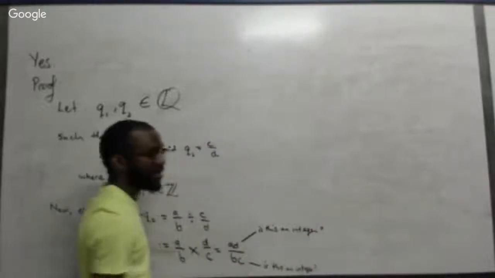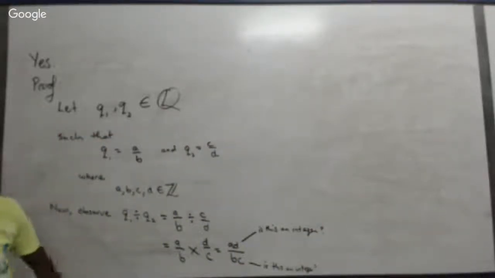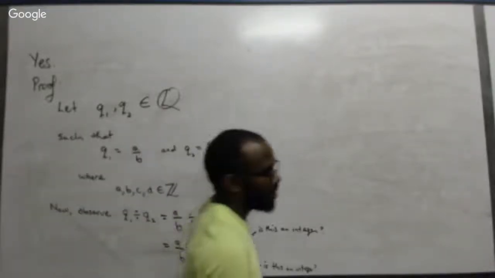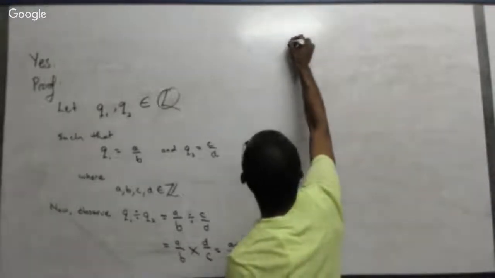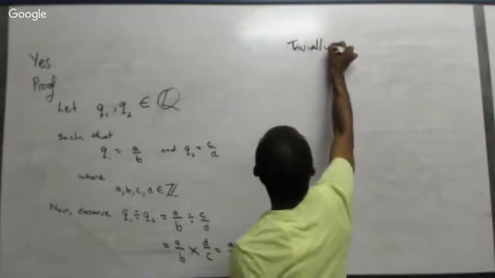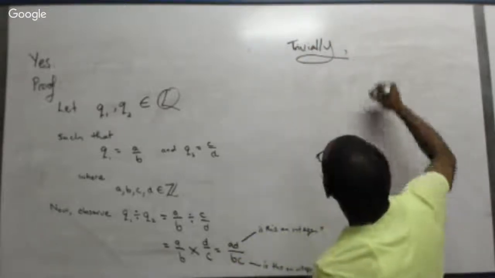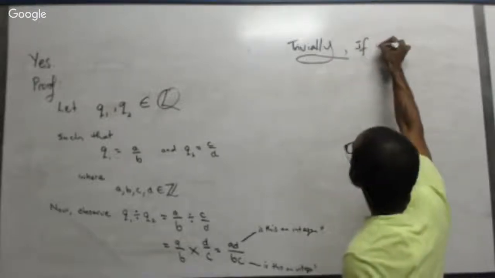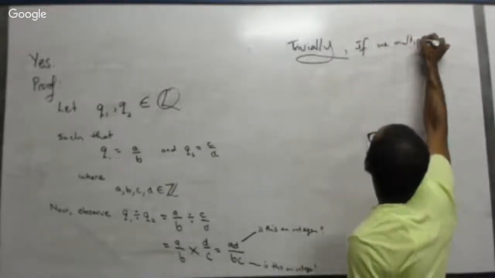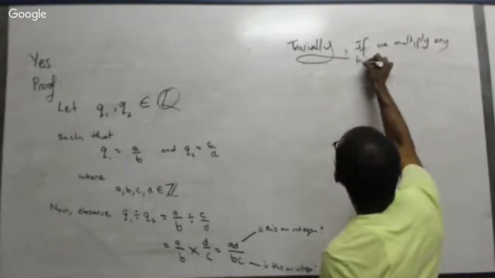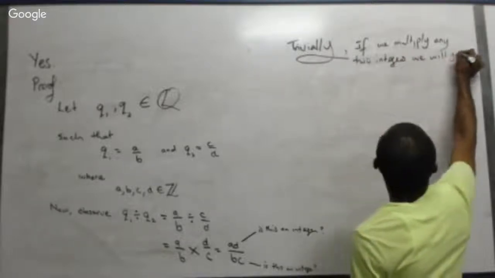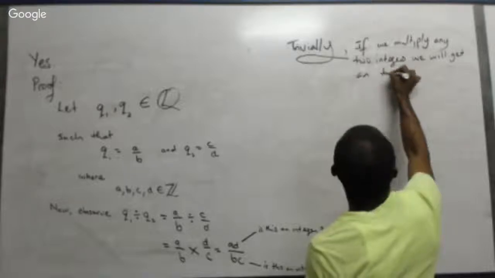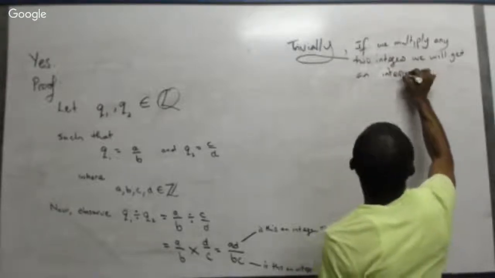And if you can say yes, then this would be, trivially, clearly, if we multiply any two integers, we will get an integer. Do you agree?